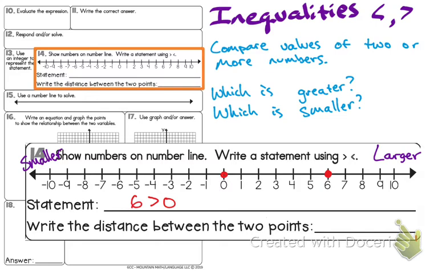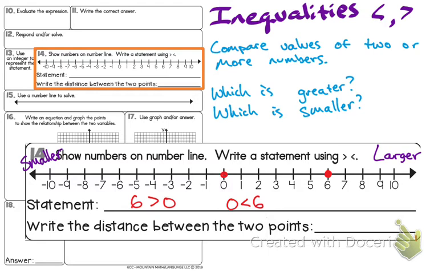One thing to make sure that you're thinking about is that you can also write this inequality statement in another way, because since 6 is greater than 0, we could also describe this as 0 being less than 6. Both of those inequalities are describing exactly the same thing. Notice again that our smaller number is to the left and our larger number is to the right.